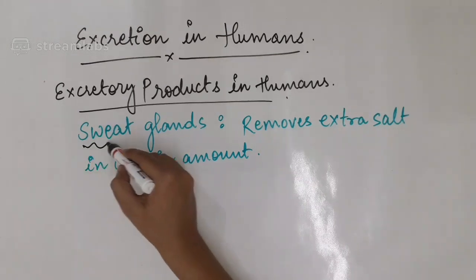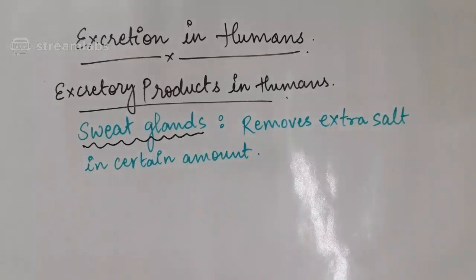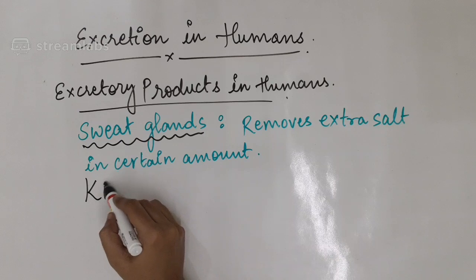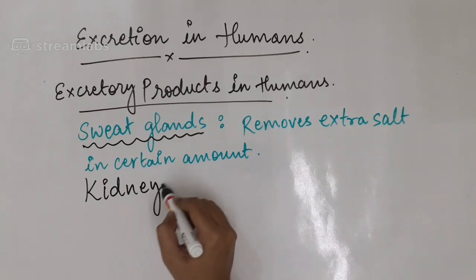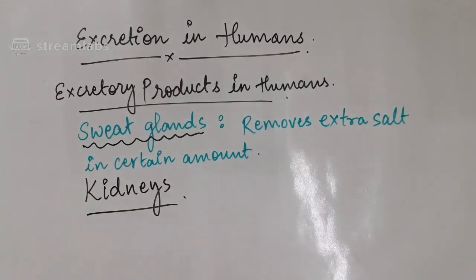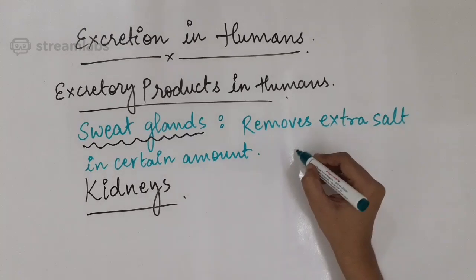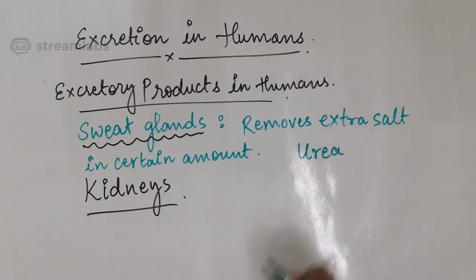We have sweat glands as an excretory organ. We have kidneys which play the major role of excretion in our body. Sweat glands in our skin also remove waste products like urea.